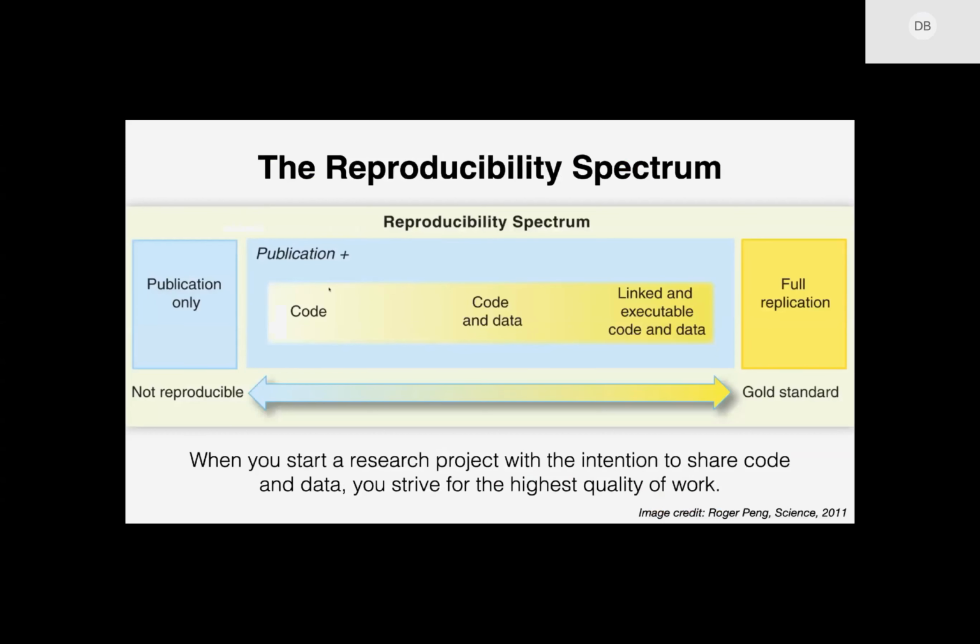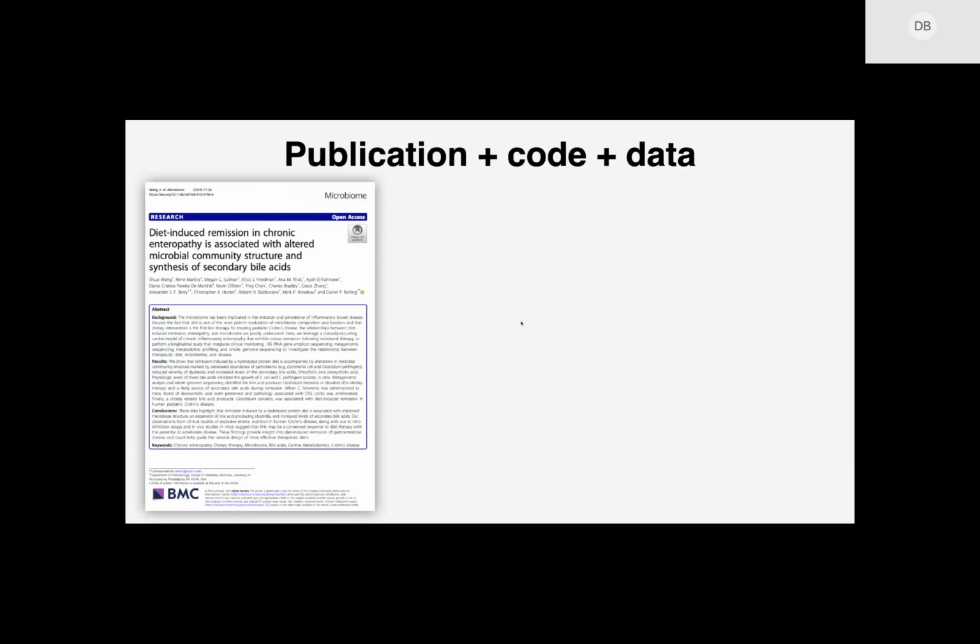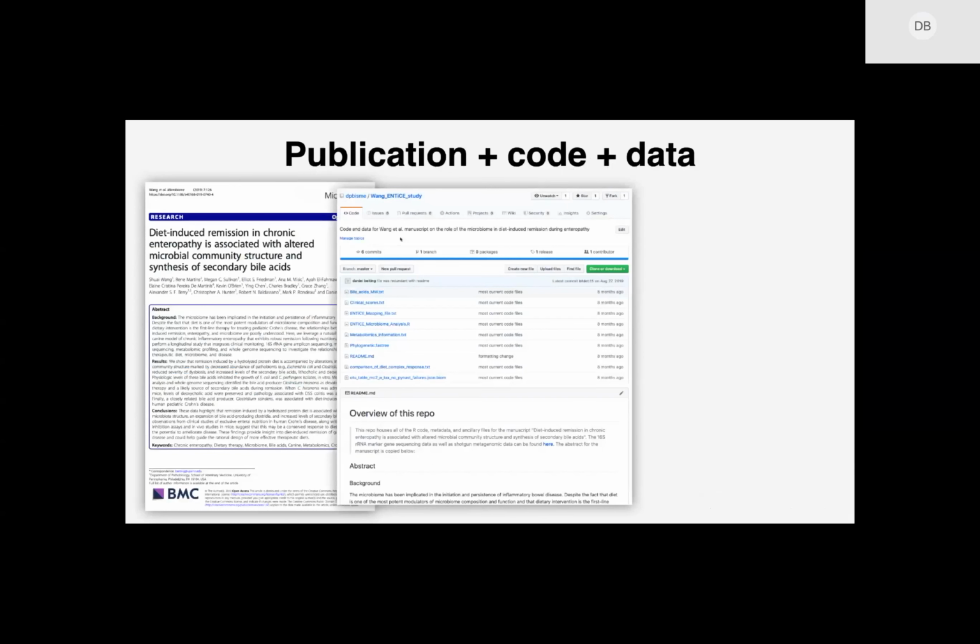We've now moved towards putting together not just the paper, but the code and the data, right? So that PDF, when people open it, there's no data there. They have the code, they have the output, but they don't have the input. So how do we give them the input? Well, here's an example of a paper we published last year where that paper is linked to a GitHub site. And if you're not familiar with GitHub, it's not a big deal.